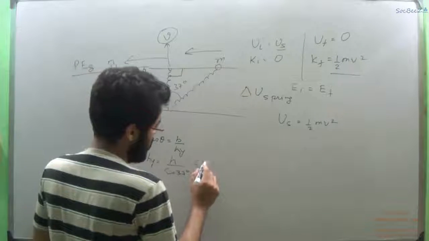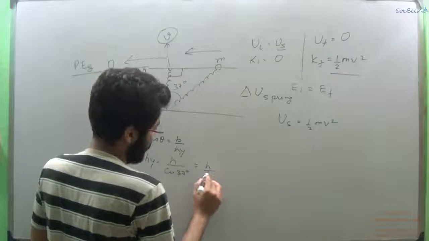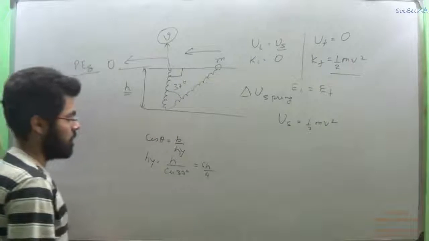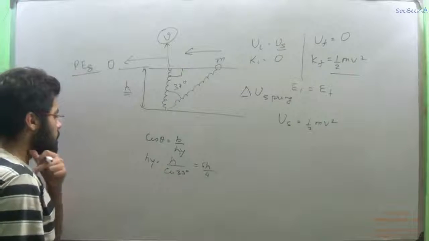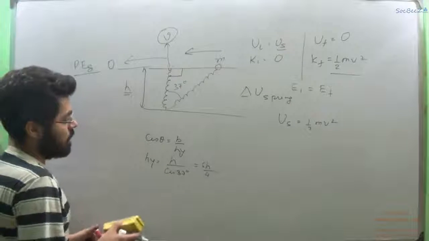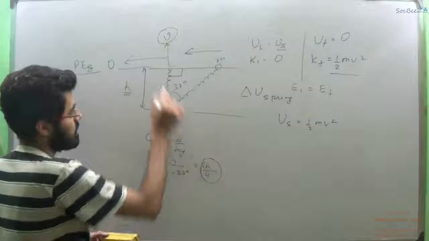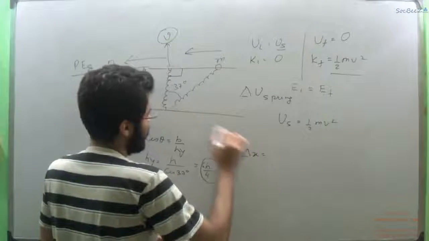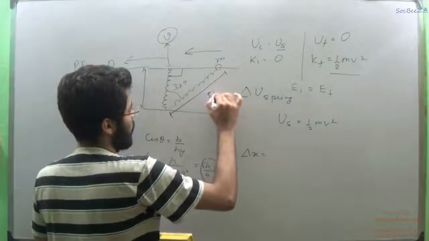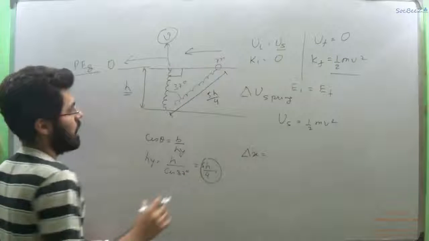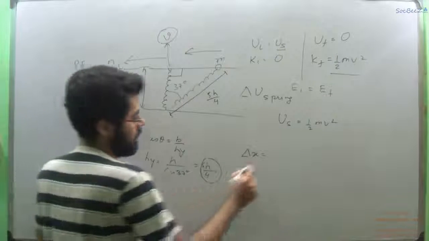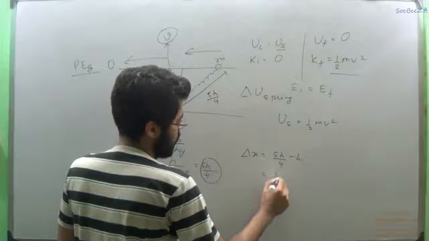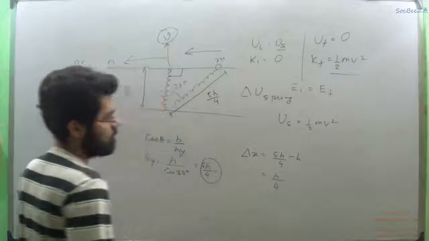Cos 37 is 4 by 5, so the hypotenuse is 5h by 4. If this length is 5h by 4 and the natural length is h, then what is the elongation, delta x? The elongation in the spring is 5h by 4 minus h, which means h by 4.